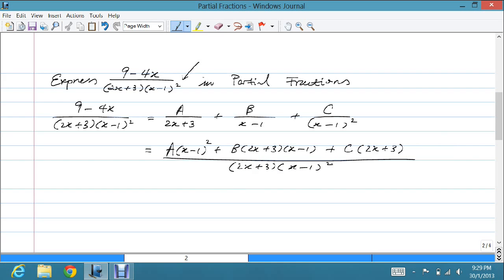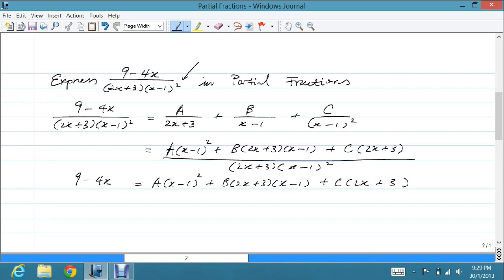Now since this is an identity, the numerators are equal, so the numerator on the left hand side is equal to the numerator on the right. And all we have to do now is to find a, b and c.